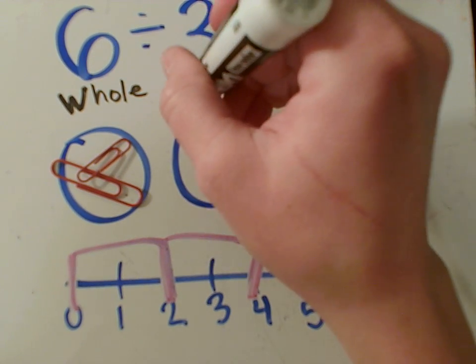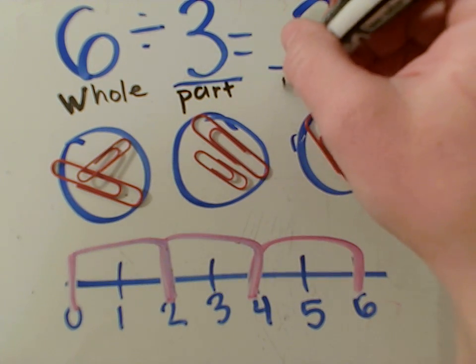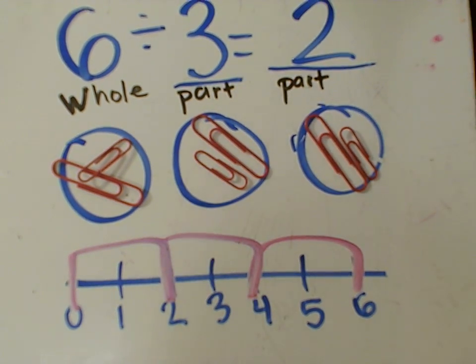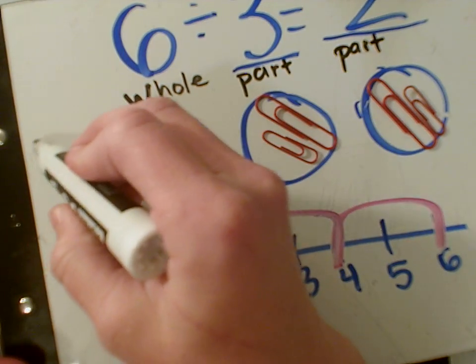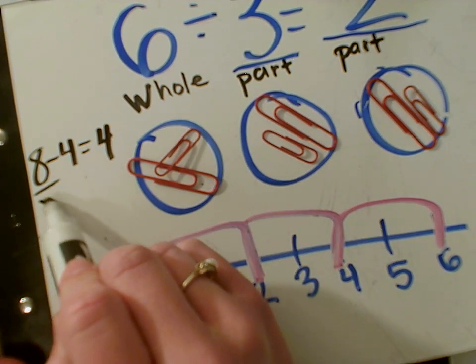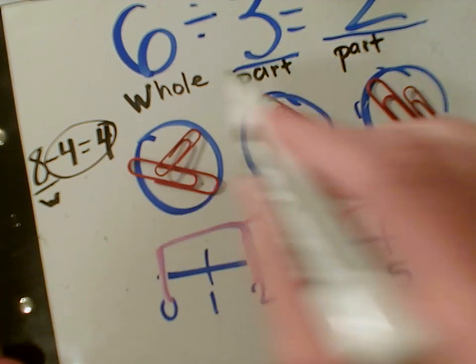Okay, so this is a part. And our 2 will also represent our part. So 6 divided by 3 equals 2. These two smaller numbers, which are not the largest number, like we discussed, represent the parts, just like in a subtraction sentence, like 8 minus 4 equals 4. 8 is the biggest, it's going to be our whole number, and then our 2 parts represent the smaller numbers.